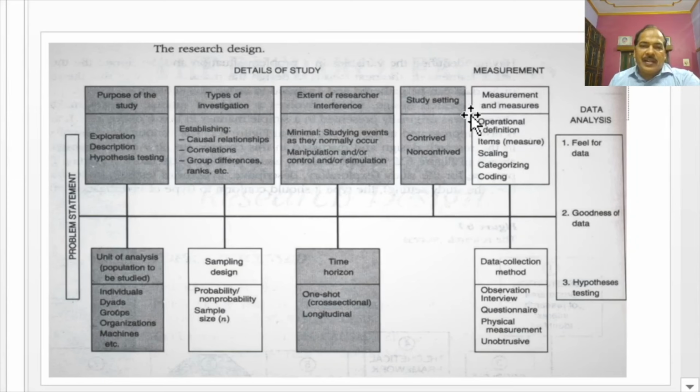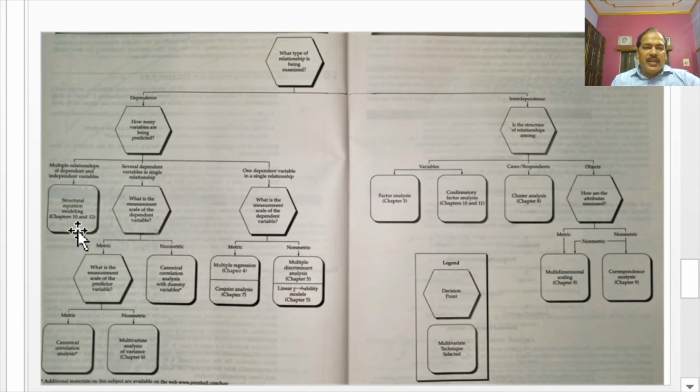Okay, structural equation modeling is basically a multiple relation type of test, because it takes into consideration the antecedent variable, the consequent variable, and the mediating and moderating variables at the same time. Okay, and it basically talks about the measurement model as well as the structural model.